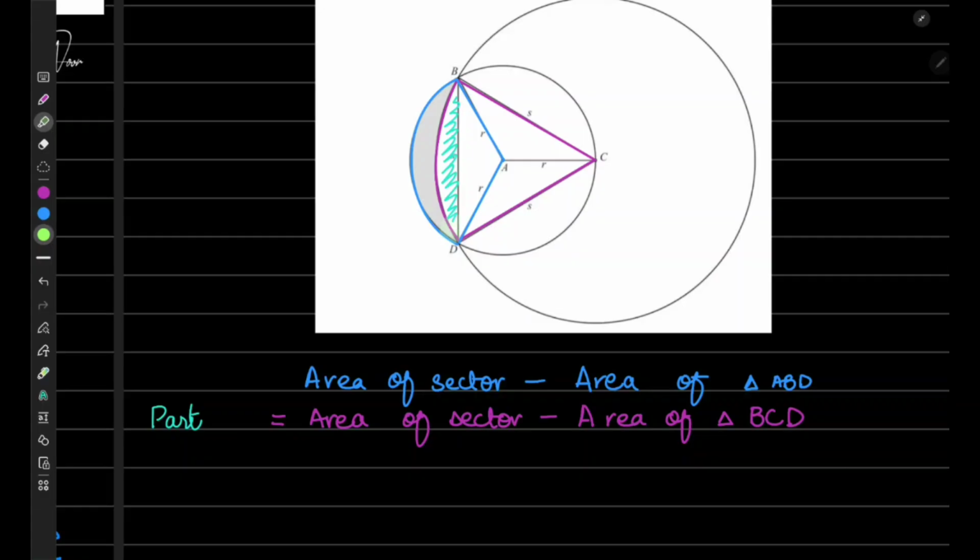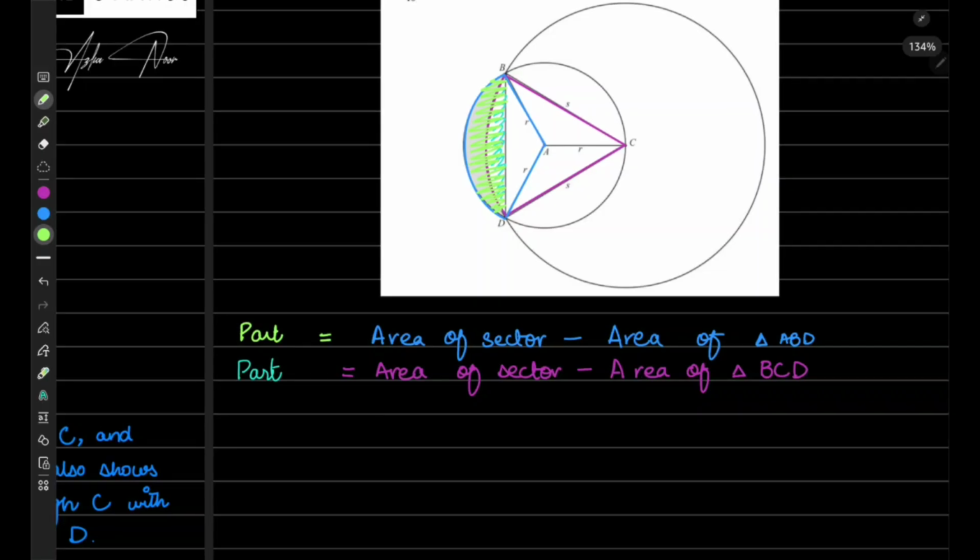Now we have to subtract this part, the bigger one, minus the smaller part, to get the area of the shaded region.